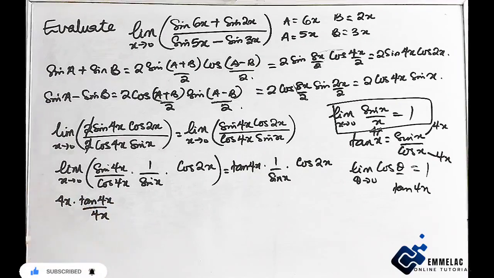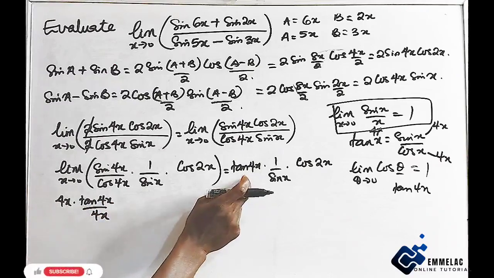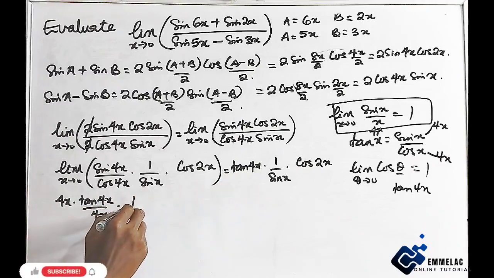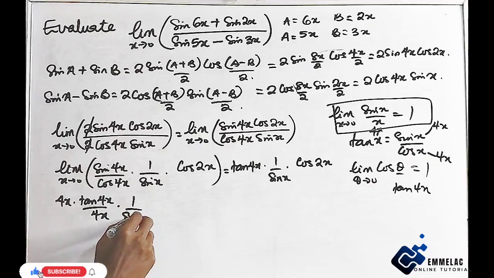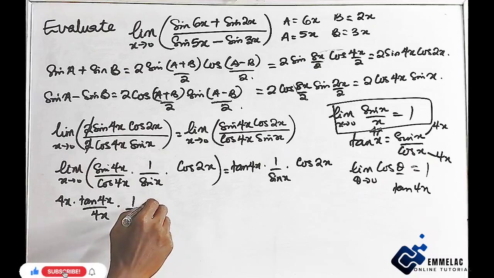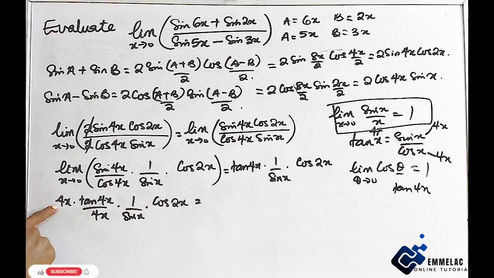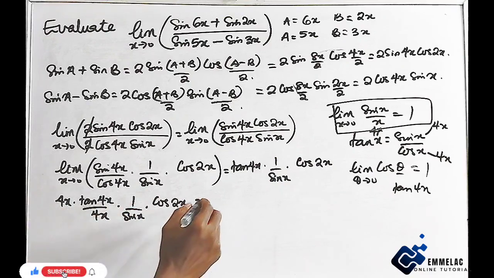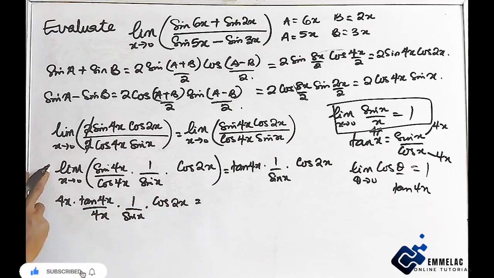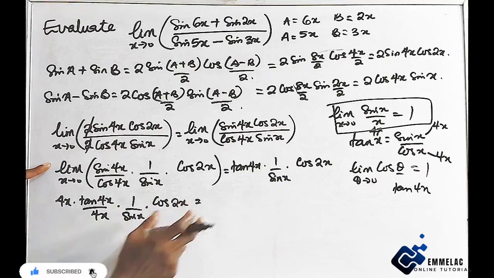Take note that we eliminate this 4x to give us tan 4x again, then times 1 all over sin x times cos 2x. This 4x can also be split, so our x can still move anywhere. Take note, we still have the limit. Sorry that I didn't include it.